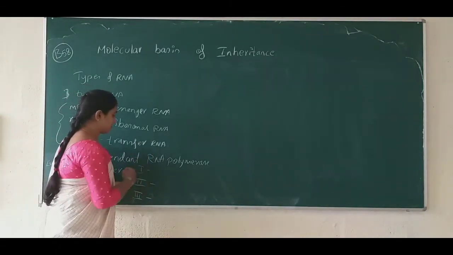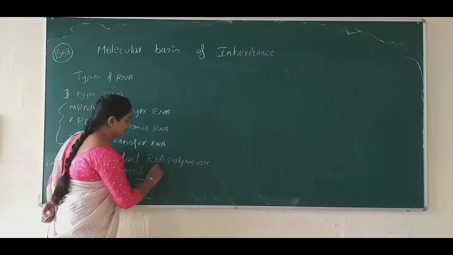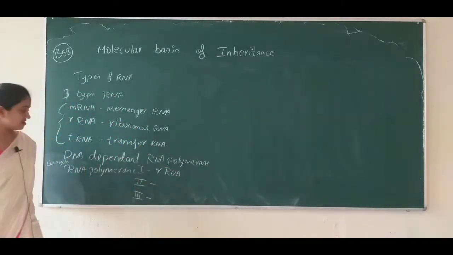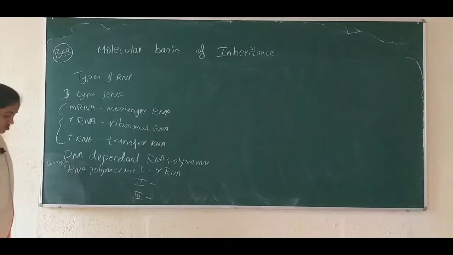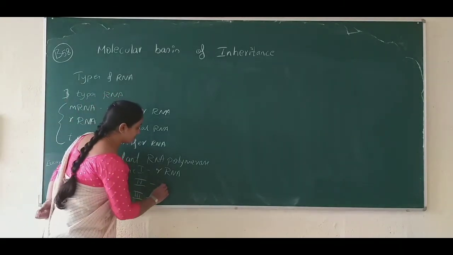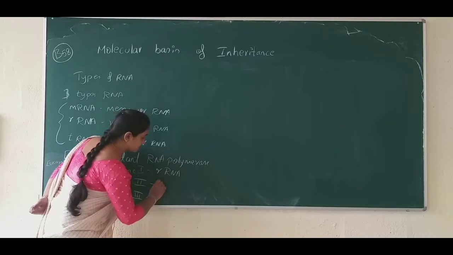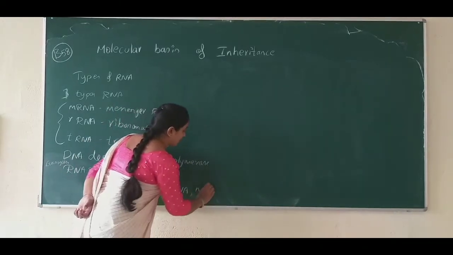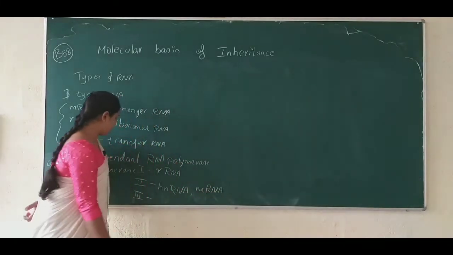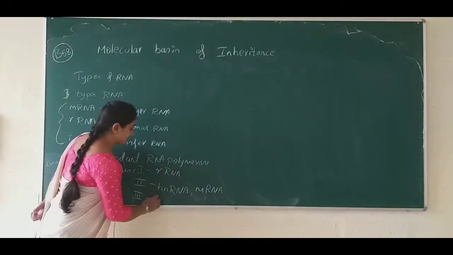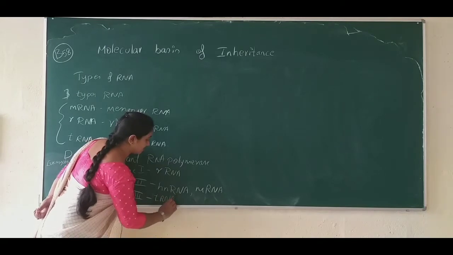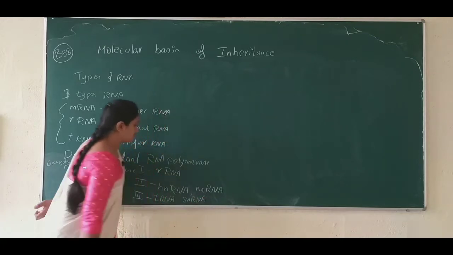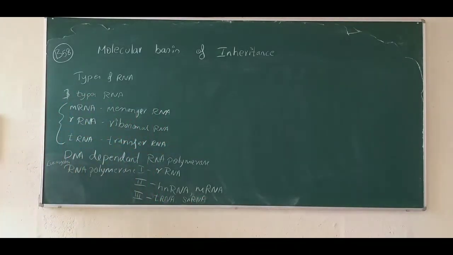RNA polymerase 1 transcribes the rRNA, RNA polymerase 2 transcribes the precursor RNA, that is hnRNA, and then mRNA, and RNA polymerase 3 transcribes tRNA and snRNA.